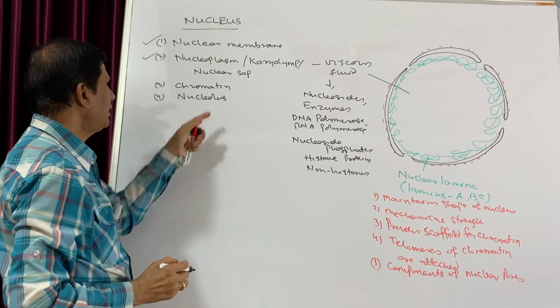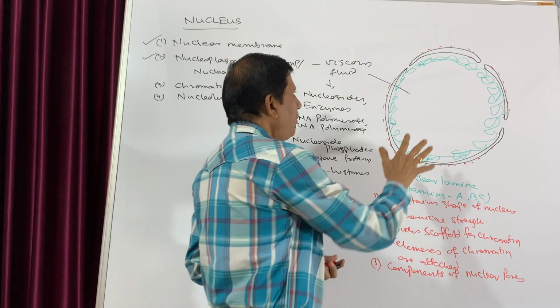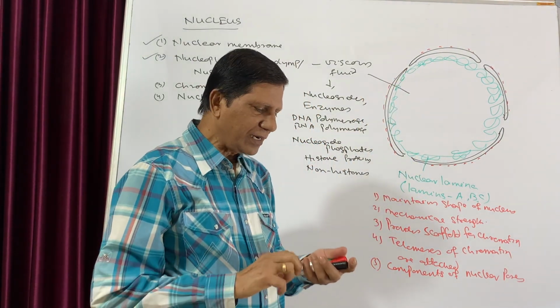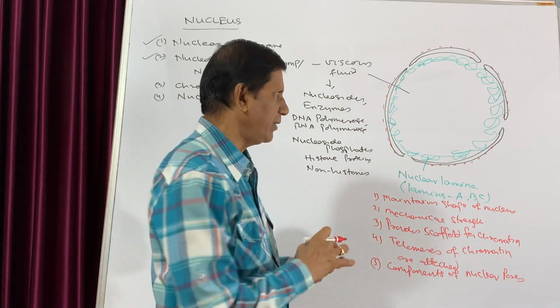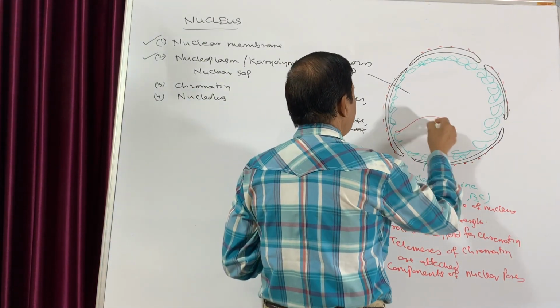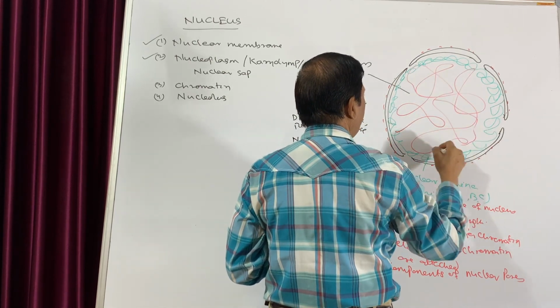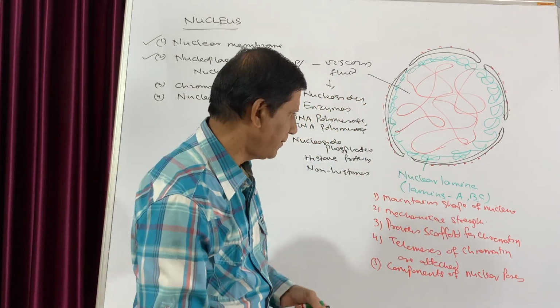Then let us discuss the third one, that is chromatin. Within this nucleoplasm, there are some thread-like structures present in a reticulate manner, like this. This is known as chromatin.